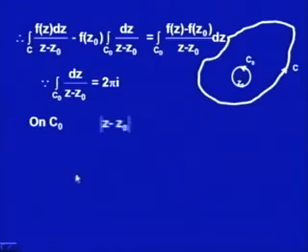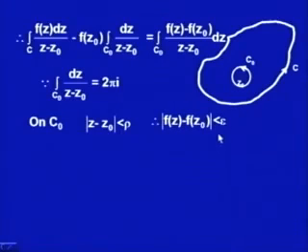So, let us see the right hand side integral. On C naught, |z minus z naught| is less than rho, because we have taken this radius as rho, and rho we have taken less than delta, if you remember. That says |f(z) minus f(z naught)| would be less than epsilon. So now I am going to use the ML inequality on this integral.